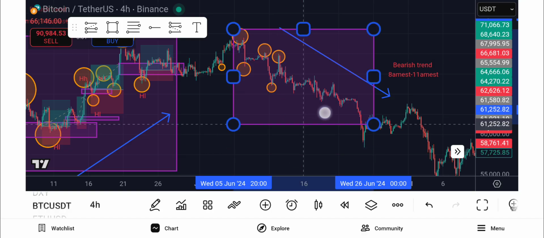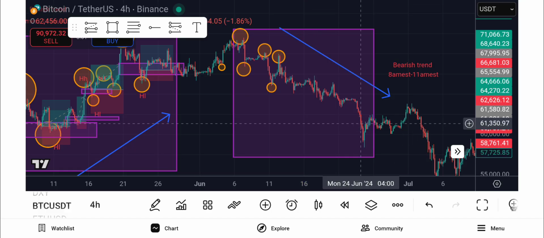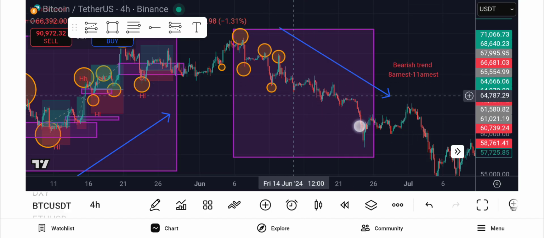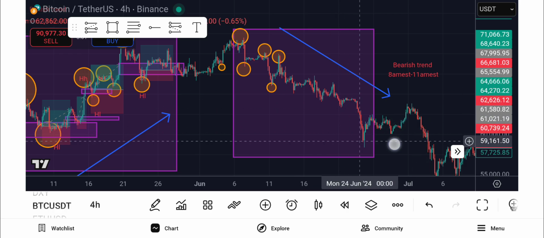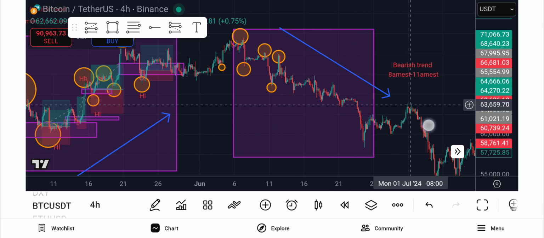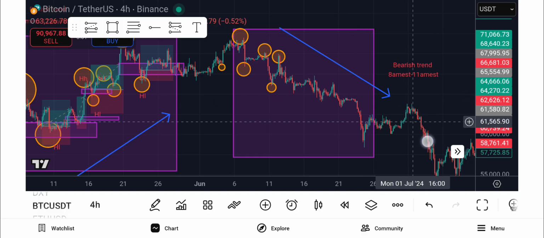Yep, so on and so forth. I'm just gonna stop right there, but so on. It just keeps doing the same thing. This low formed, came up, low formed, came up, low formed, came up here, tank down.